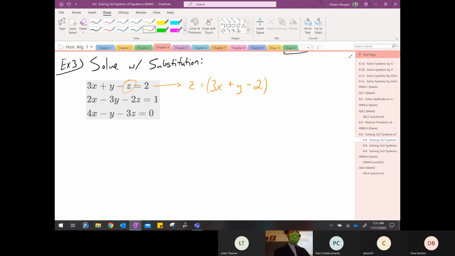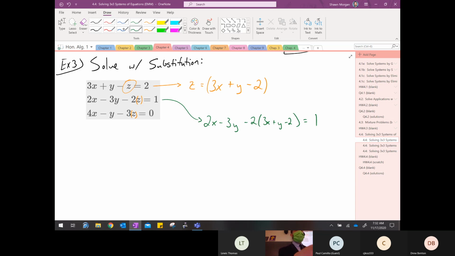So if I look right here and I say, hey, there's a z and there's a z, I can rewrite that second equation, 2x minus 3y minus 2, not 2 times z, but 2 times 3x plus y minus 2, right? Now that's an equation in terms of how many variables? It's now in terms of 2 variables.